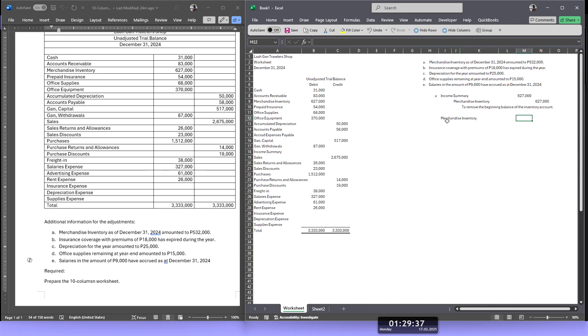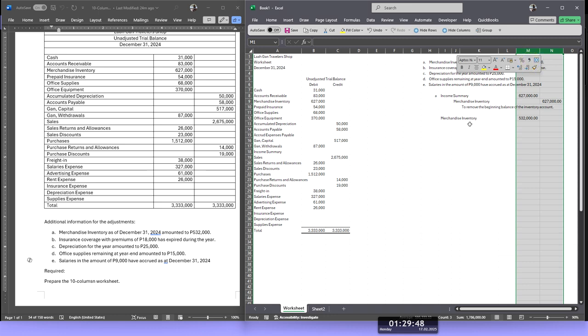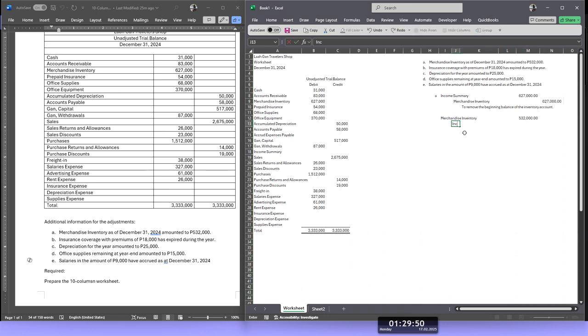The amount is 532,000, and then credit to income summary, and it's 532,000.